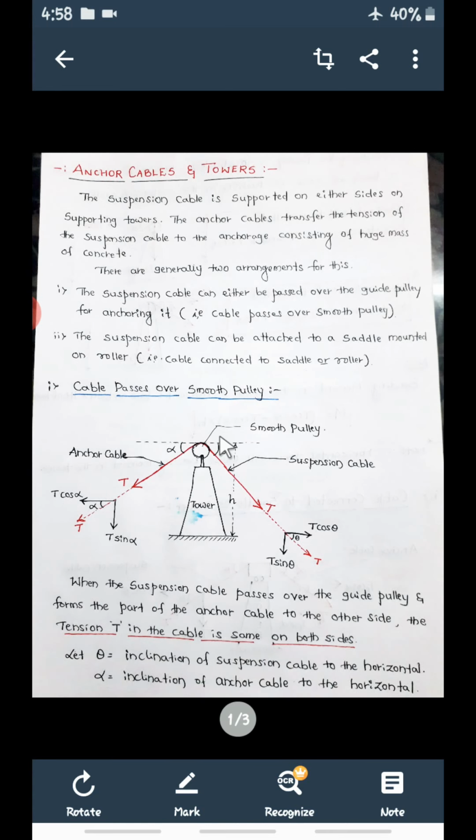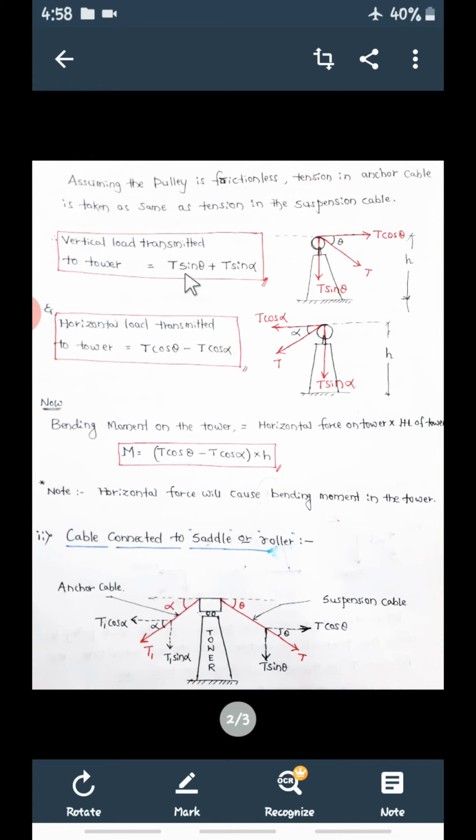One is where the suspension cable passes over a smooth pulley. Then this T and this T, that is the tension in the suspension cable and the tension in the anchor cable, will be the same, and there will be both vertical force and horizontal force on the tower.